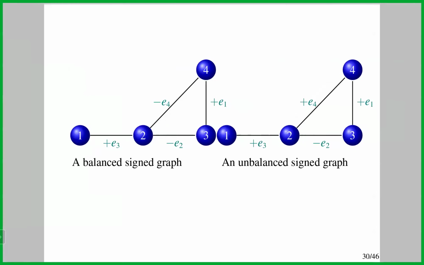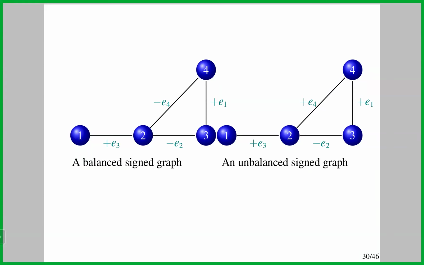These are really trivial examples. The left graph is a unicyclic graph, so you have one cycle to worry about. On the left cycle, you have two negative edges, so if you multiply the signs, negative times negative gives positive.